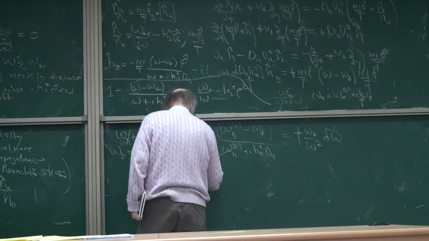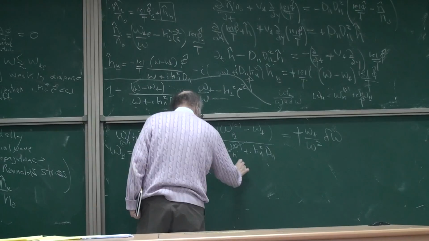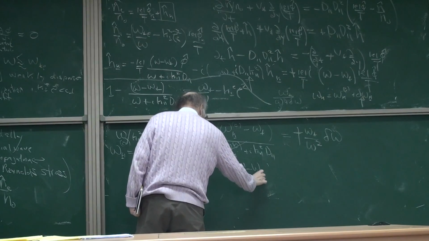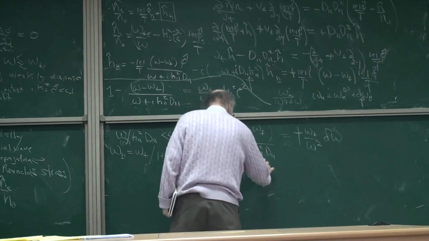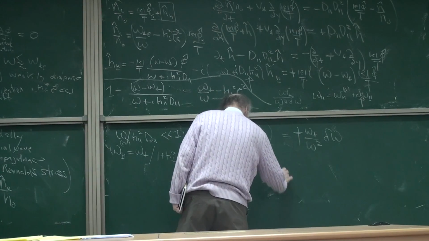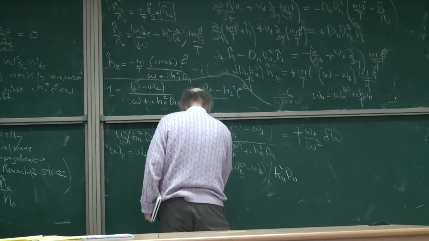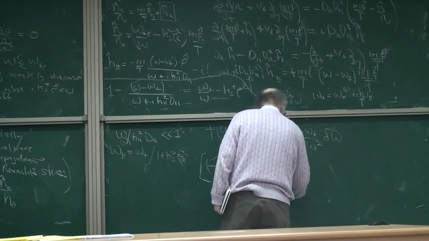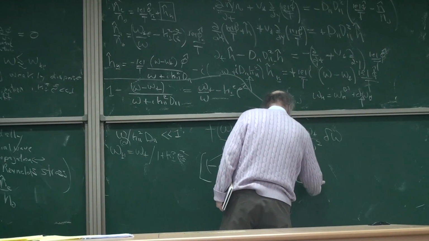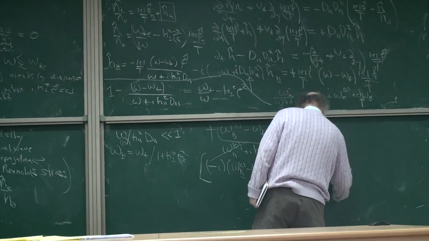So we have minus i times omega k 0 minus omega star over k parallel squared D parallel times omega over omega star equals delta omega k over omega k.